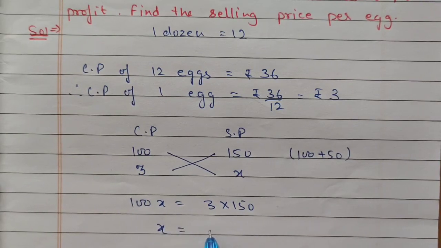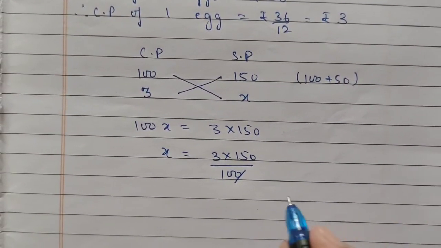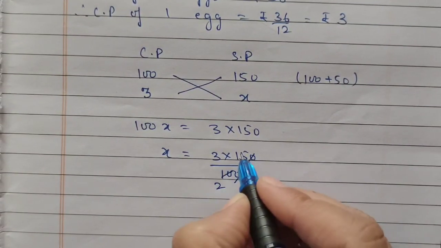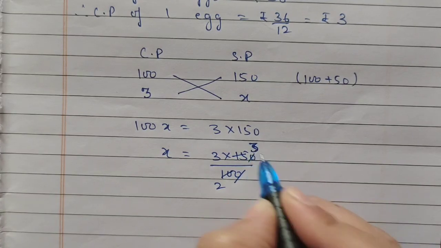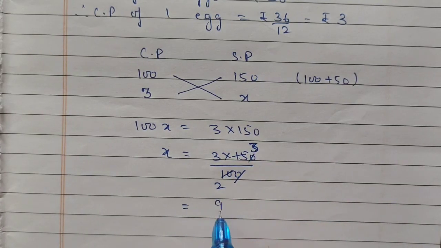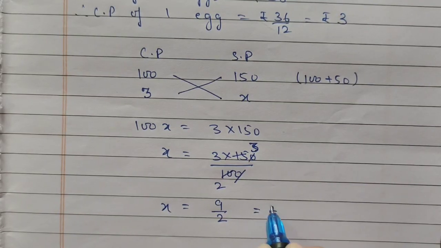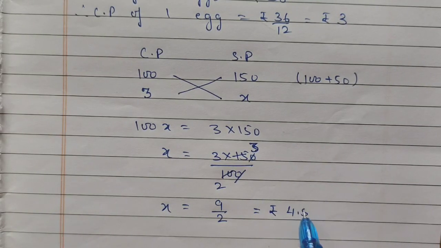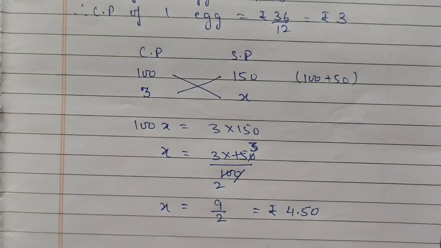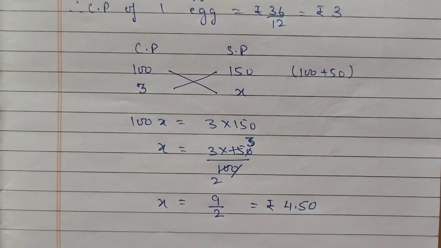So x will be 3 into 150 divided by 100. 10 we can cancel out and 5 2s are 10 and 5 3s are 15. Then we'll get 3 into 3 is 9 by 2. And if you change into decimal you will get 4.5. We can write 4 rupees 50 paise. So selling price for 1 egg is 4 rupees 50 paise.